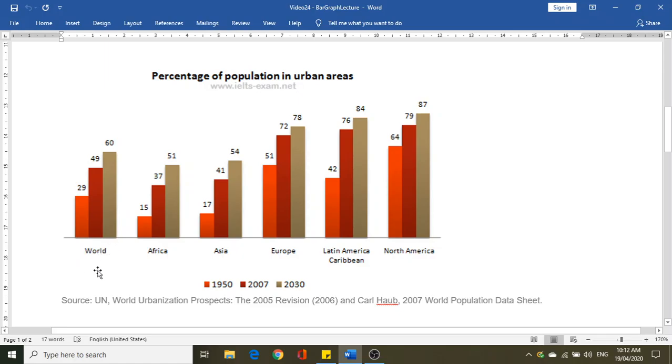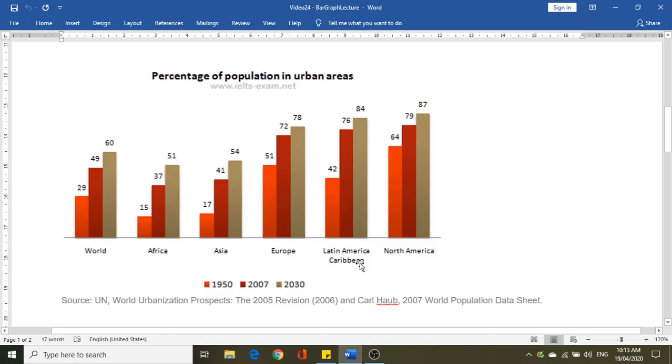So we can't just say world. It's a nominal trap. So Africa, Asia, Europe, Latin America, Caribbean is one of those regions or countries which are always preceded by the. So make sure you have the for the Caribbean. And this rule actually applies only for a few countries or regions.